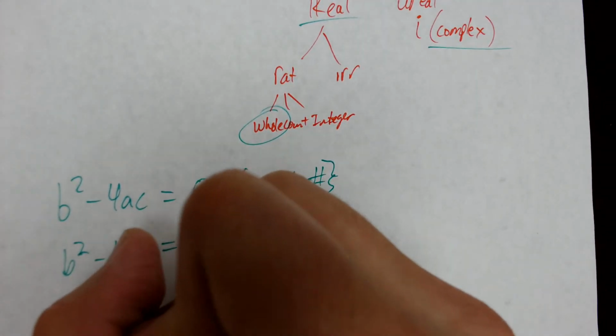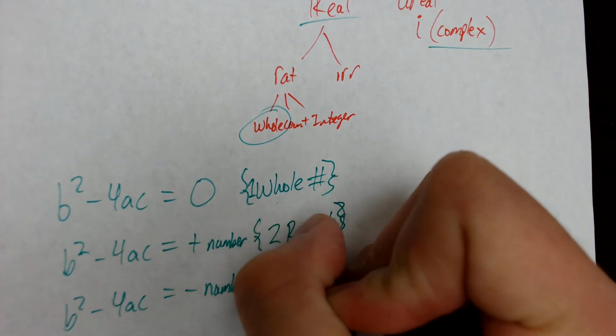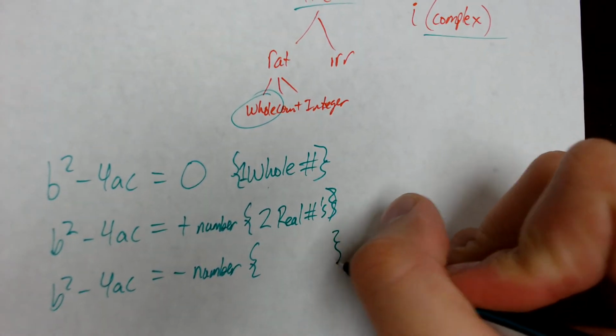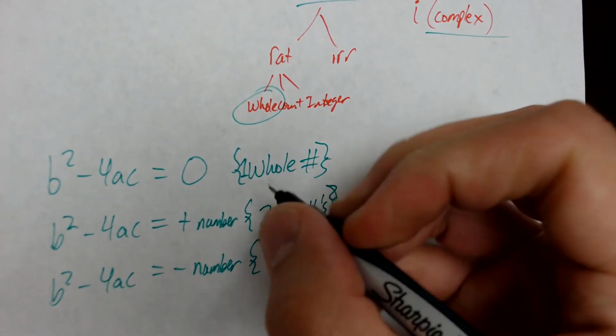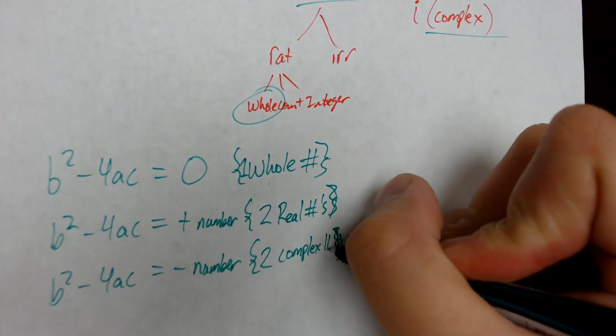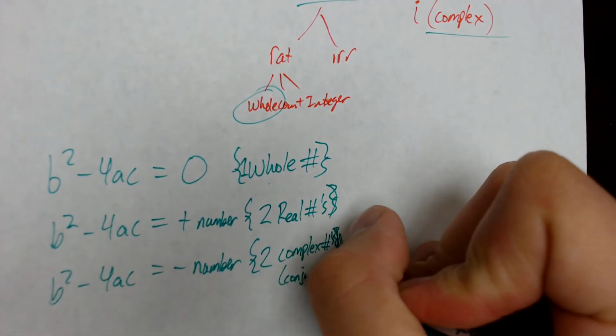Now, if b squared minus 4ac equals a negative number, then we're going to have two complex numbers, which happen to be conjugates.